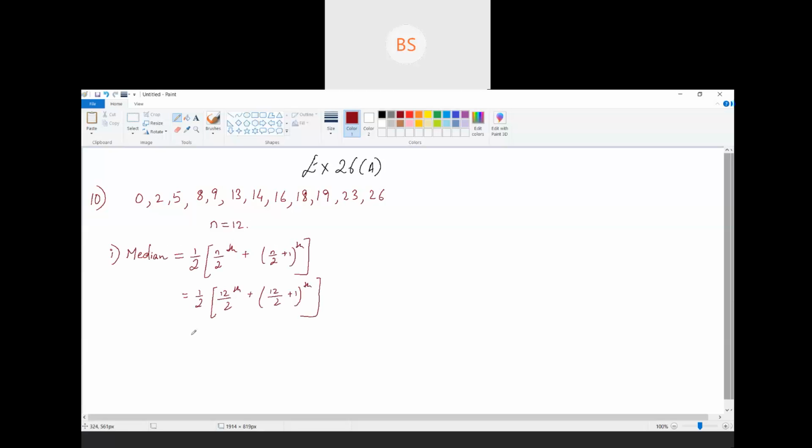So here it will be 6th and 7th observation. So now as we can see, 6th observation is 13 and 7th observation is 14. So this will be 13 plus 14 divided by 2. So that will be 27 by 2, which will give us 13.5.